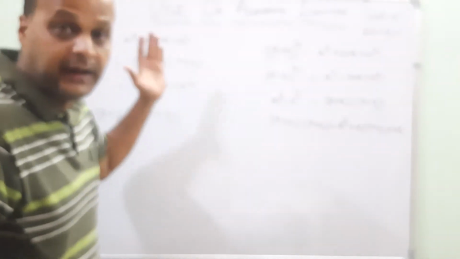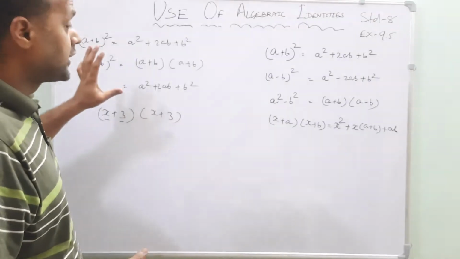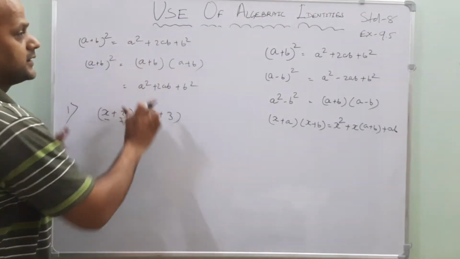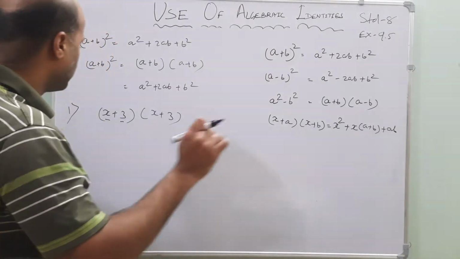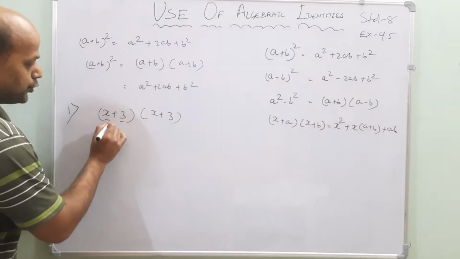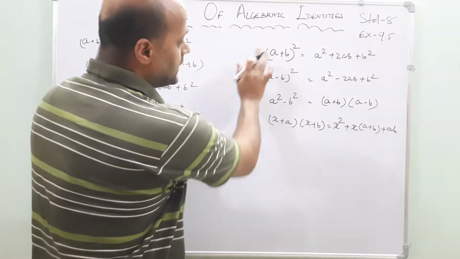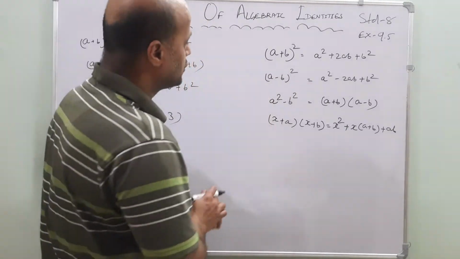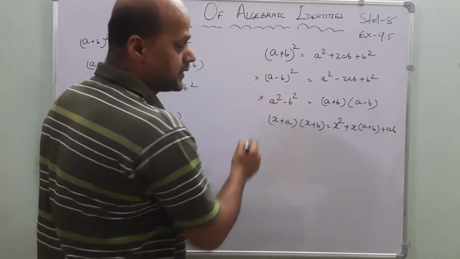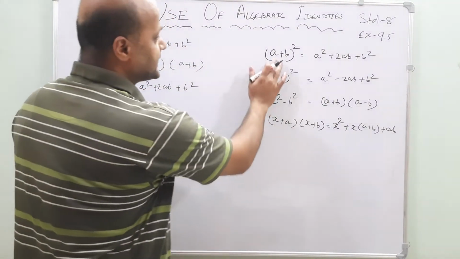If I had not recognized these things, how would you identify which formula is applicable here? Now remember this one. Both the cases are plus. Here, two cases are plus, two cases are minus, so the minus cases will not be implemented here. Understood?